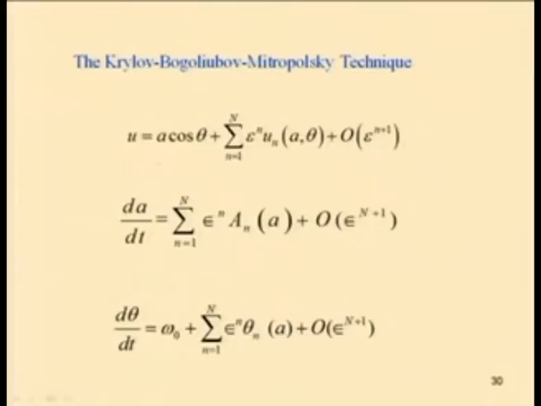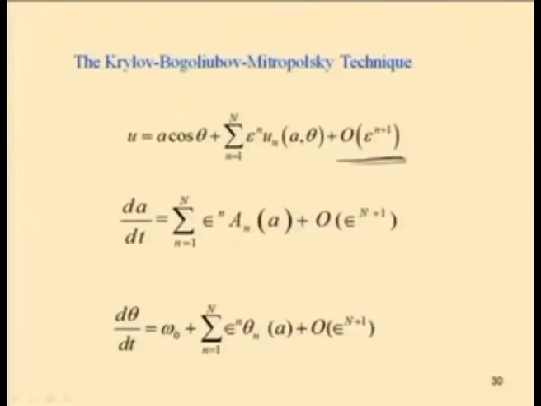So, one can assume u equal to a cos theta plus summation n equal to 1 to N of epsilon to the power n u n, where u n is a function of a and theta, and one can neglect the order of epsilon to the power N plus 1. So, considering up to the Nth order, one can neglect after N plus 1.